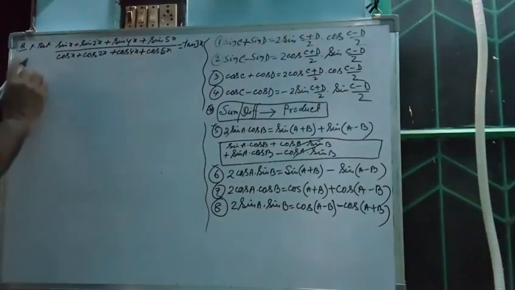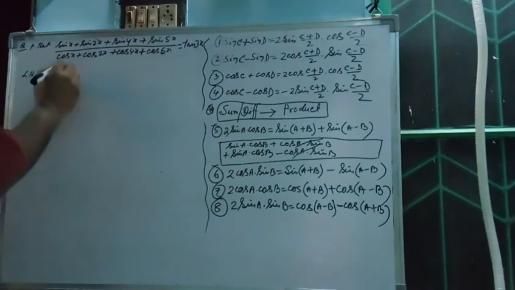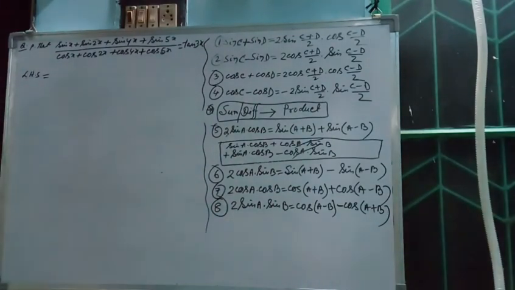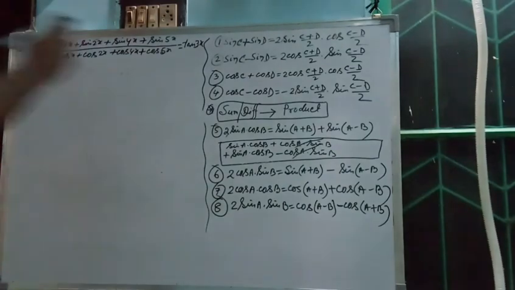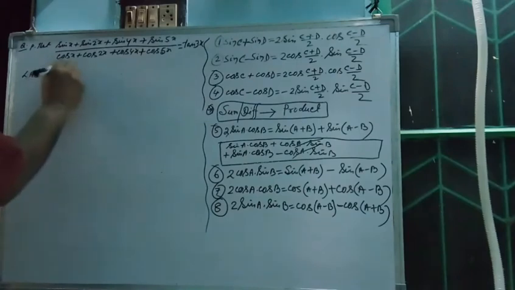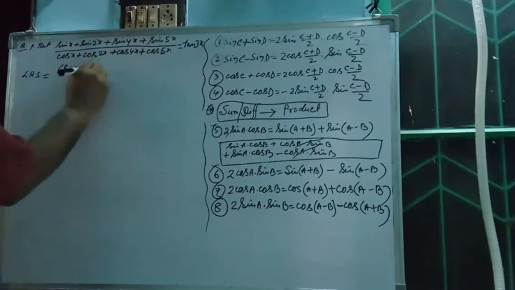Left hand side, LHS is equal to, now see, you have to take two numbers in a group. Suppose we take sin 5x plus sin x.